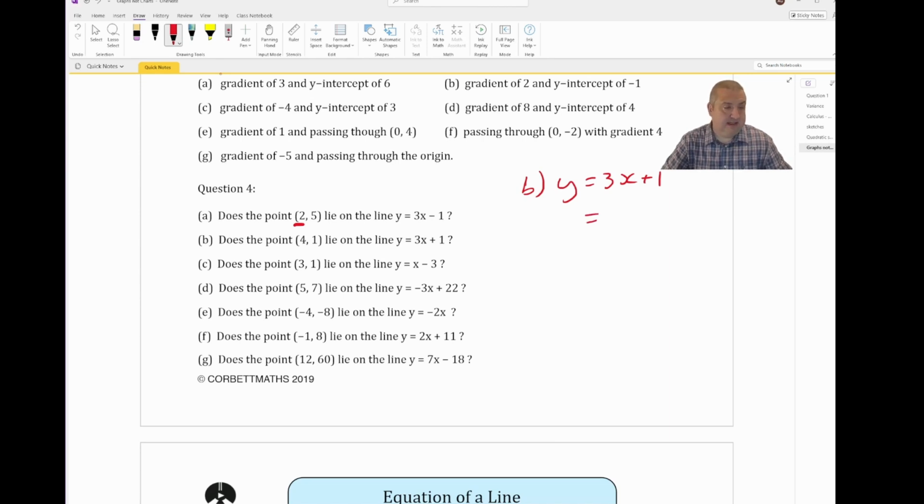Well, when x is 4, that's 3 times 4, put it in brackets because it's a variable, plus 1. Well, 3 times 4 is 12, plus 1 equals 13. So that's not on there because when x is 4, it does not lie where y equals 1. Actually, y is 13 at that point.